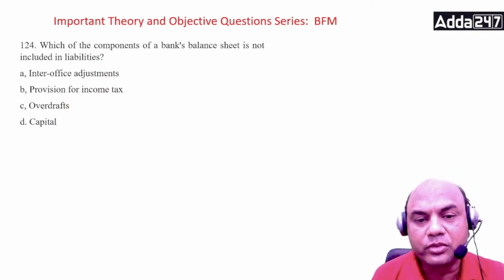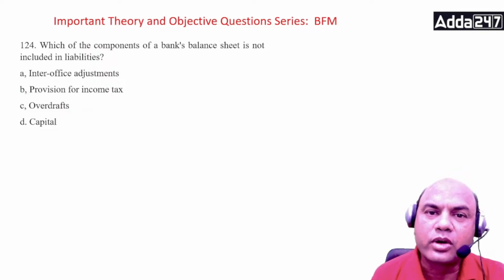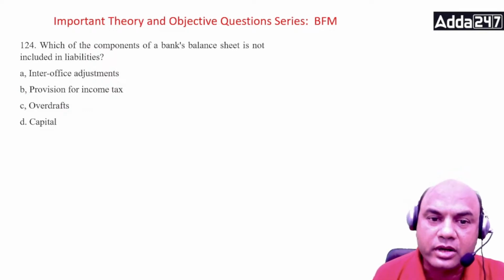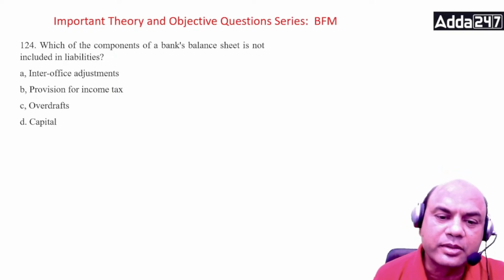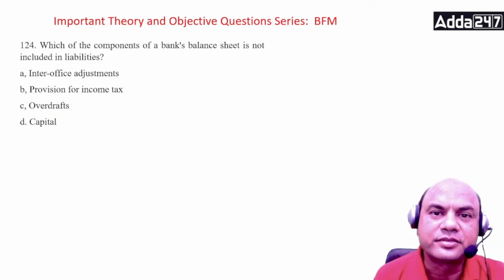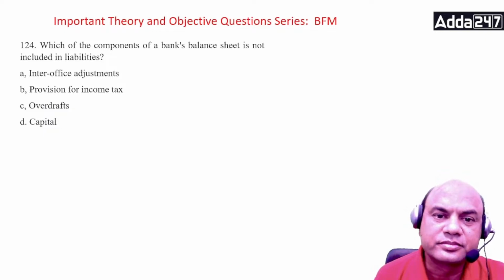Overdraft. Now what is overdraft? This is something important. Overdraft is a loan. It's a bank product. So how can it be included in the liabilities? Overdraft is a loan. What are loans in the banking system? Type in the comment section. Are they liabilities or assets? Right?